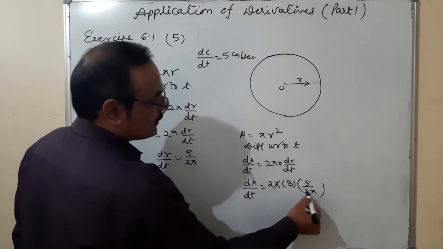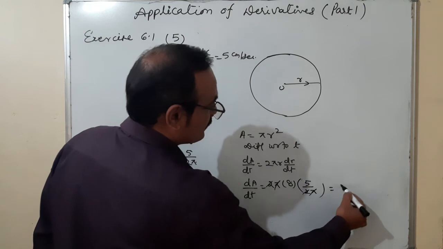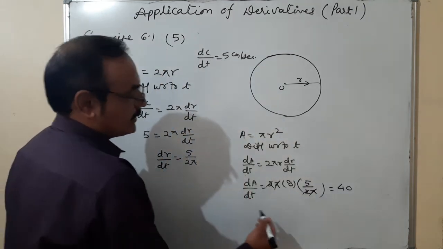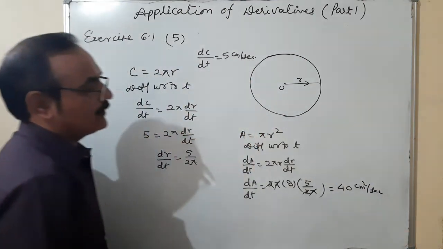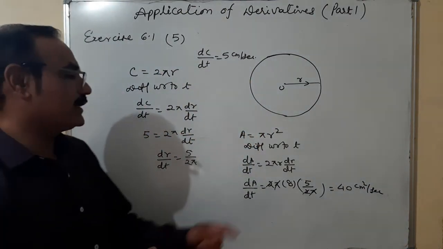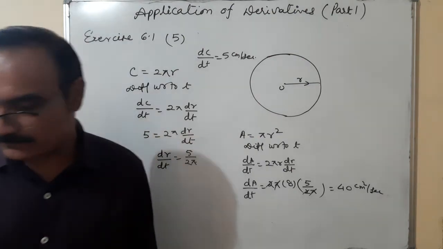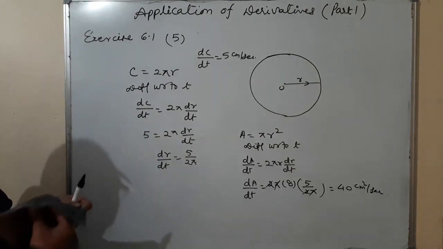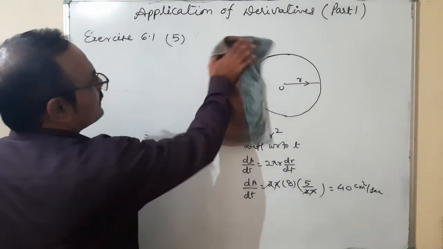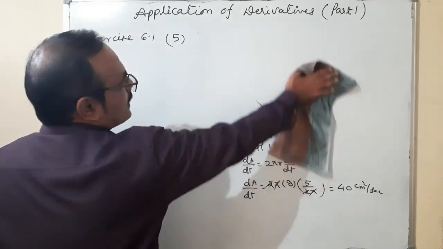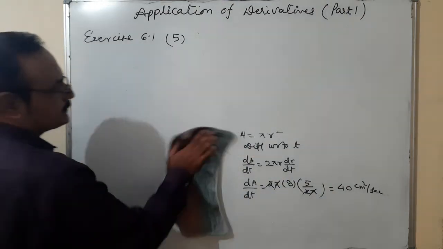Okay, so pi cancels, 2 cancels, 8 into 5 is 40, centimeter square per second. So the area is increasing at the rate of 40 centimeter square per second. Why have we taken circumference here? Because waves are in the form of circumference, the boundary of this circular portion.